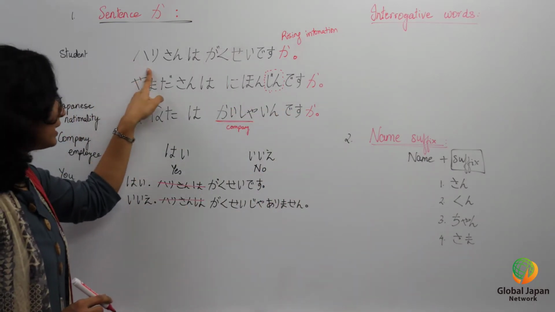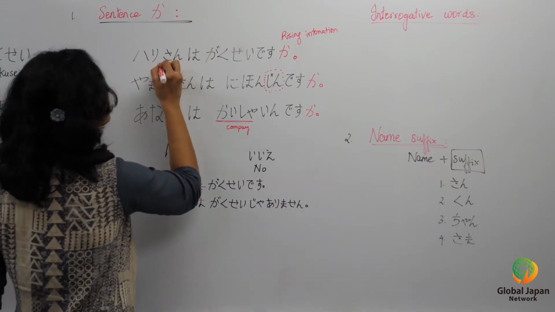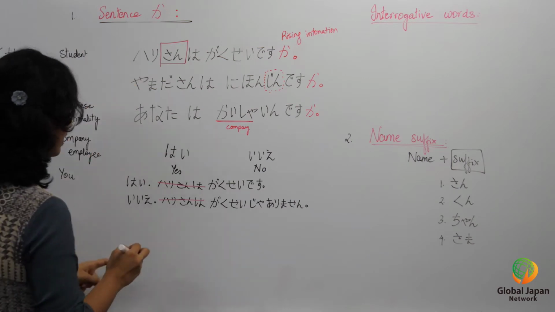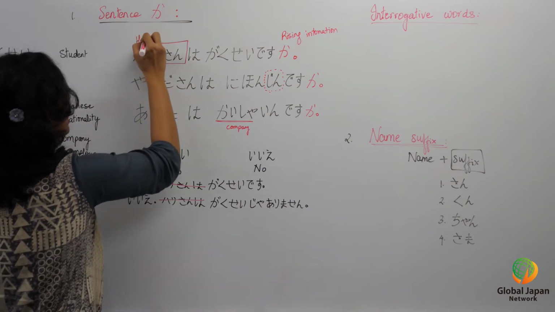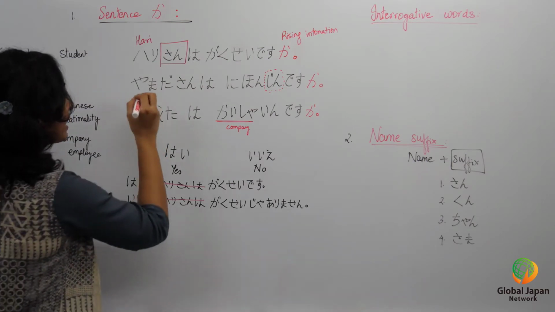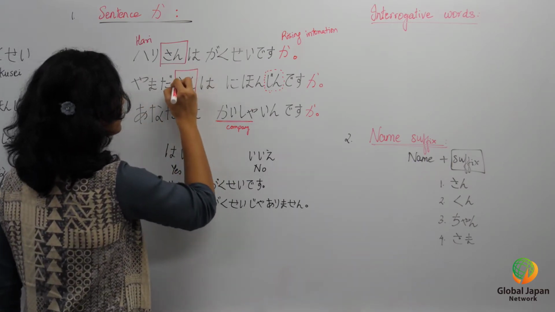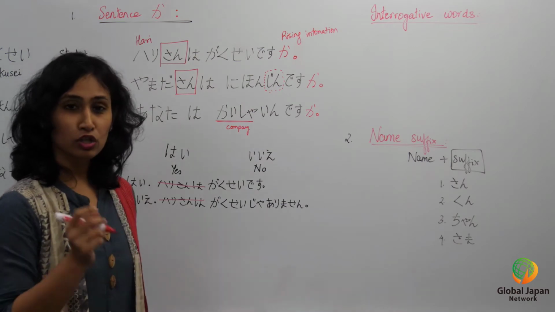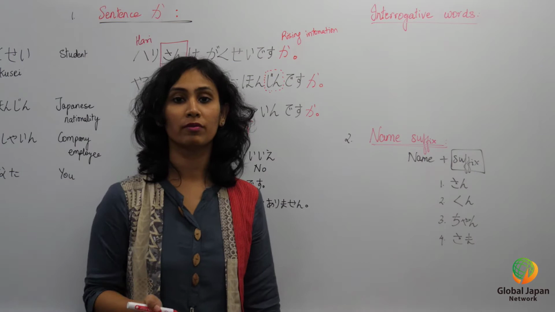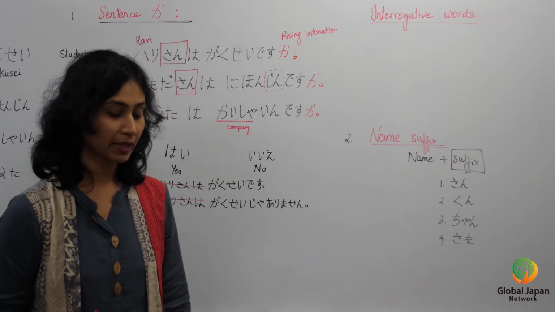When I said Hari, I have added a suffix called san. Literally, if I have to translate into English, it is only Hari. But I have added san to it. Yamada, I have added the word san here. So let me talk about what this san means. It's a very common word which we use while talking to someone.